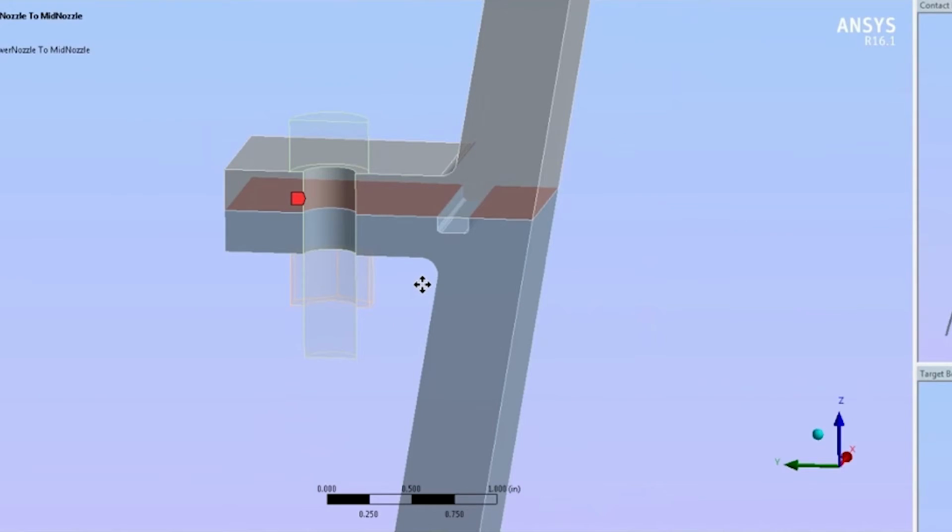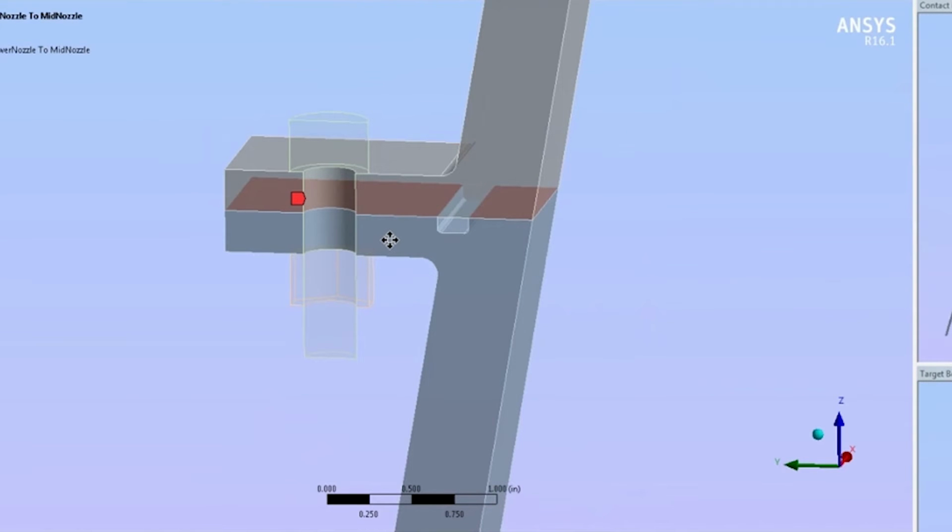And one more thing I wanted to ask you about contact is, if you go to say, the first lower nozzle to mid nozzle, frictionless, say that one, how do you decide which is the contact and which is the target? Oh, right. Okay, so the contact is typically the smaller body or the convex body in the case of rounded objects.